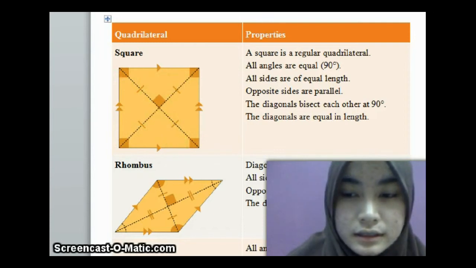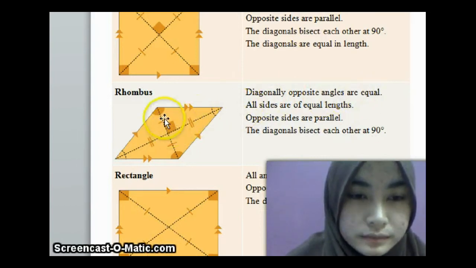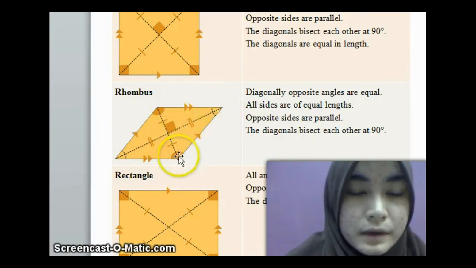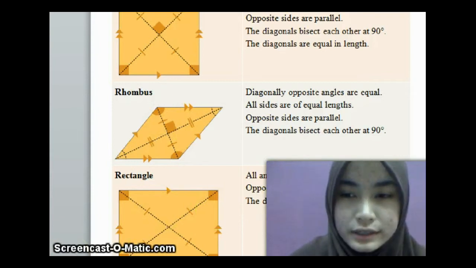Next, for the rhombus. Rhombus diagonally opposite angles are equal. All sides are of equal length. Opposite sides are parallel. The diagonals bisect each other at 90 degrees. Okay, now for the rectangle.